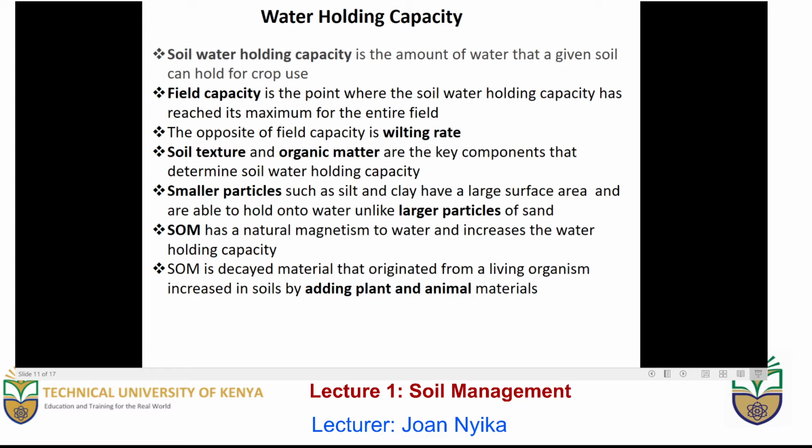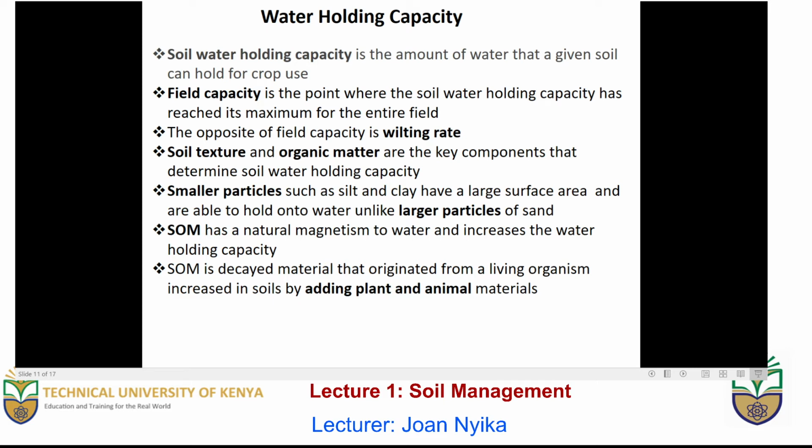On the other hand, smaller particles such as silt and clay have a large surface area to volume ratio and are able to hold a lot of water, compared to sandy soils that have larger particles and only allow water to go through rather than holding it.